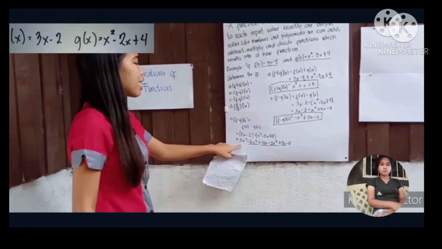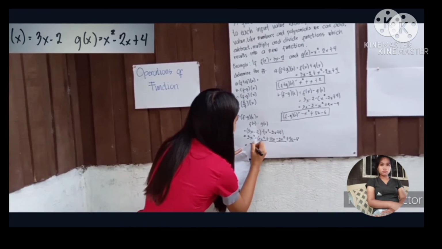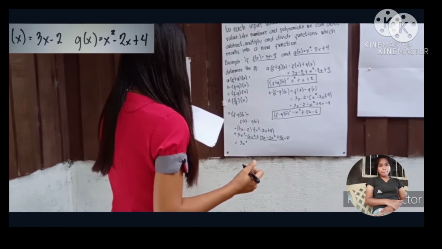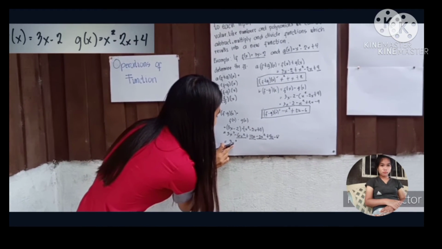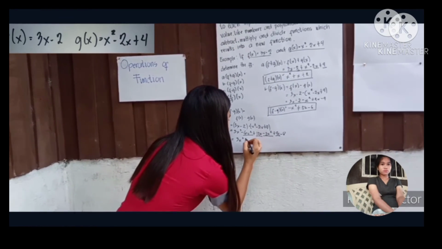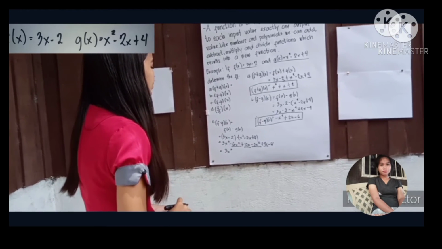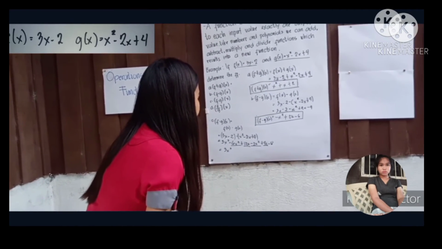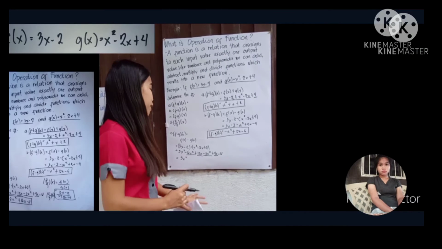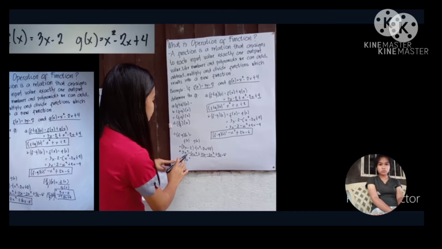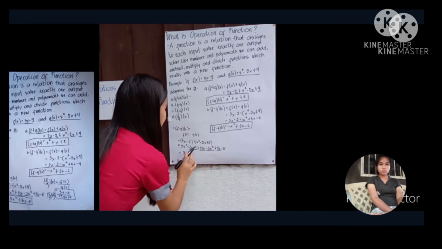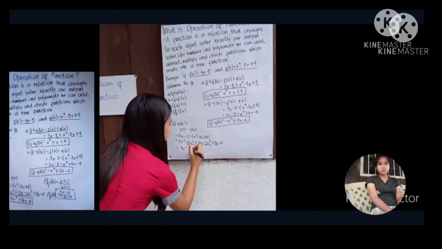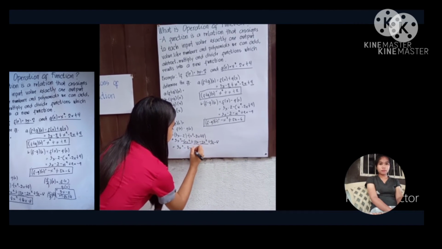The 3x cubed has no like term, so we bring it down directly. Then negative 6x squared and negative 2x squared give negative 8x squared.